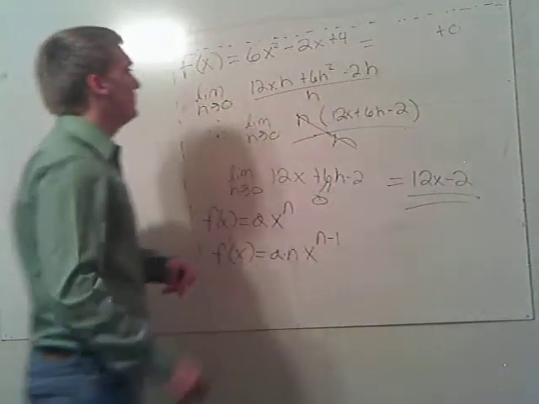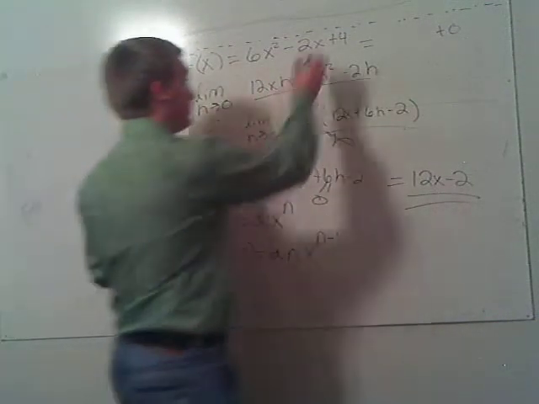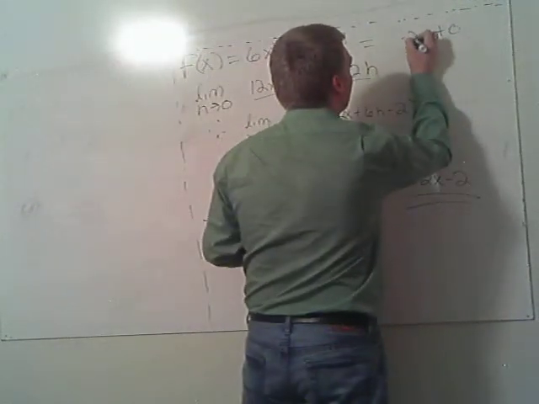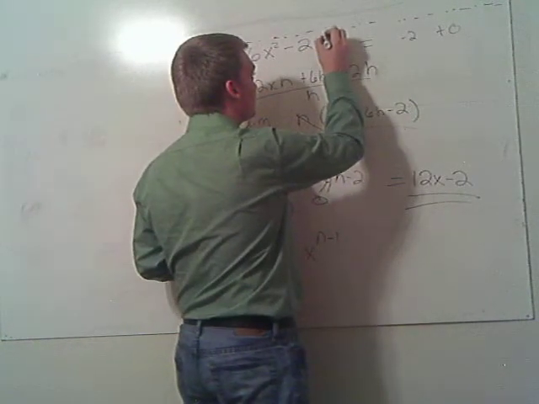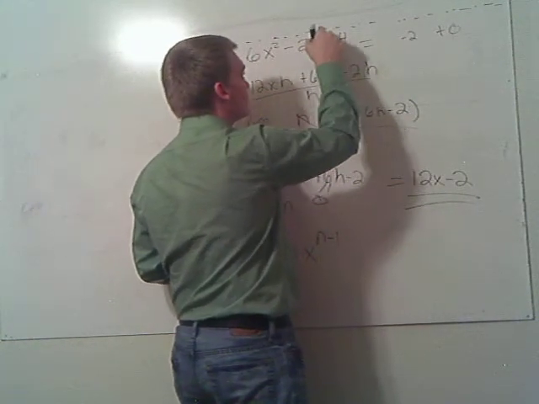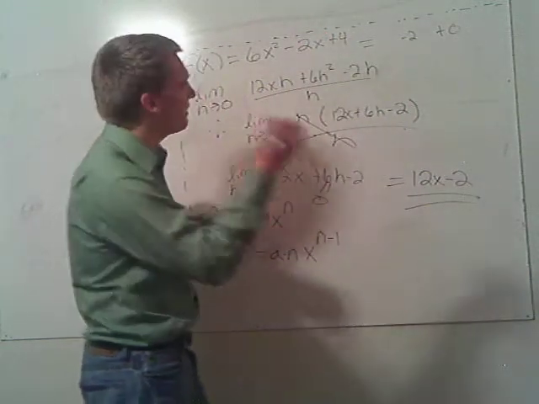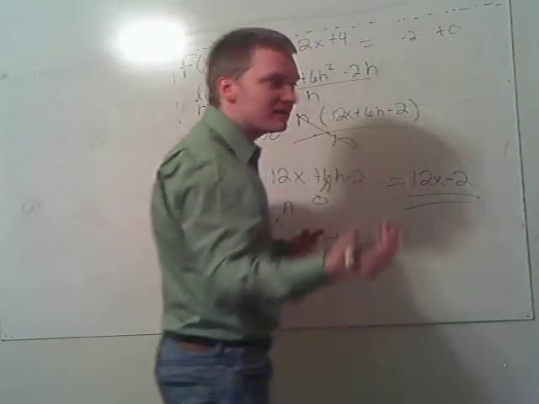We look at negative 2x. Well, negative 2 times 1, because that's what this power is, 1, is negative 2. And then x to the 1 minus 1, which is 0, and anything raised to the 0 power becomes 1. So negative 2 times 1 is negative 2.